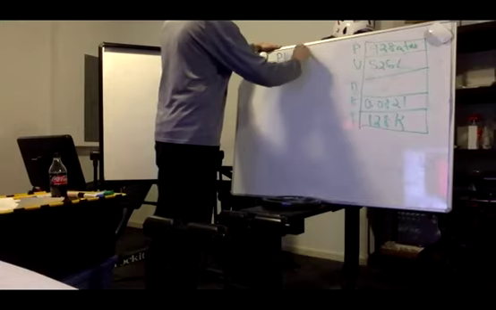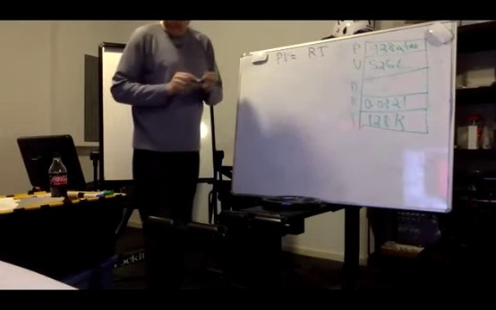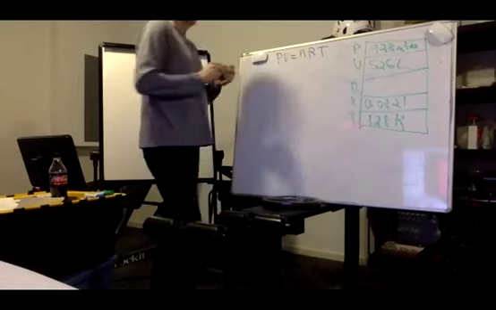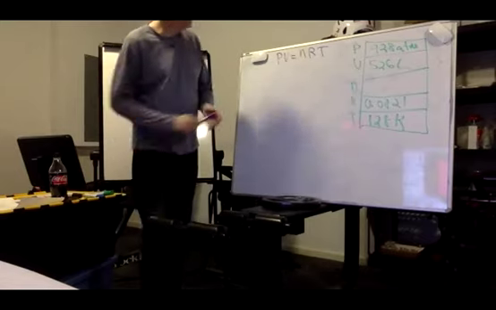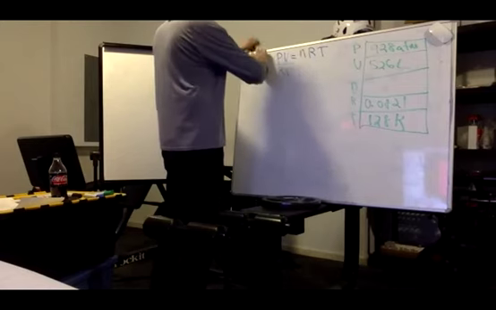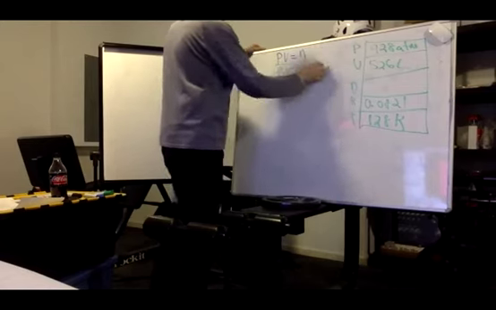PV equals nRT, and going to get N by itself, RT upstairs, RT downstairs.